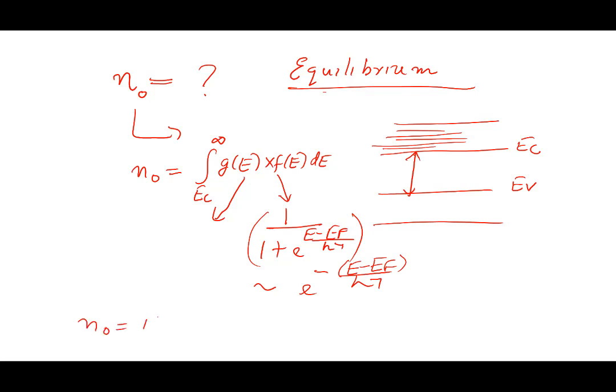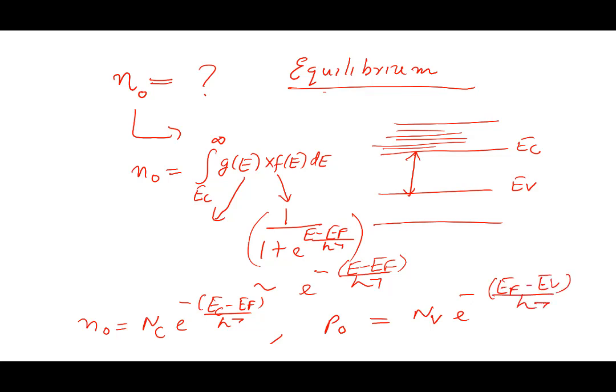N0 is NC e to the power minus (EC minus EF) by kT. We arrive at these expressions here. P0 is NV e to the power minus (EF minus EV) by kT. We arrive at these expressions.